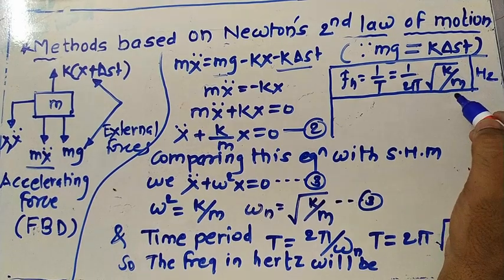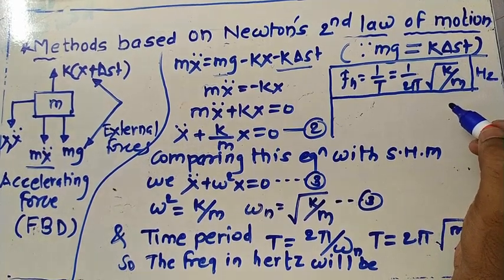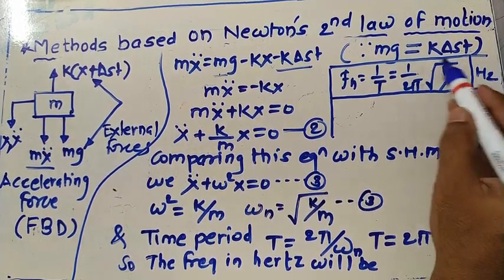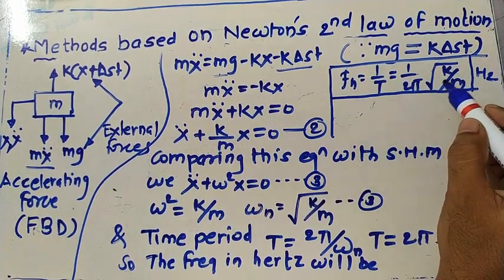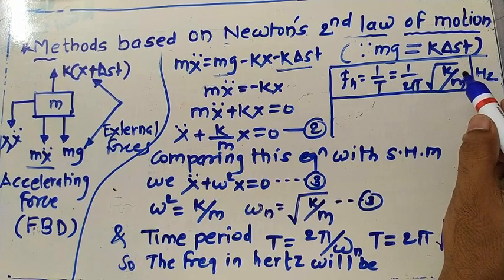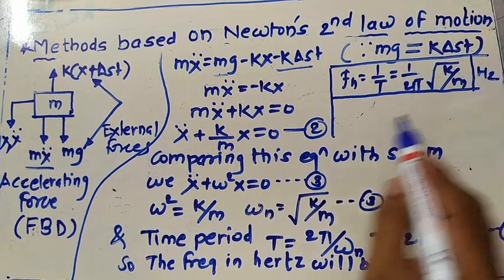So it is observed that the natural frequency in the present case is independent of the gravitational force, as it is neutralized by the spring force due to the static deflection term.